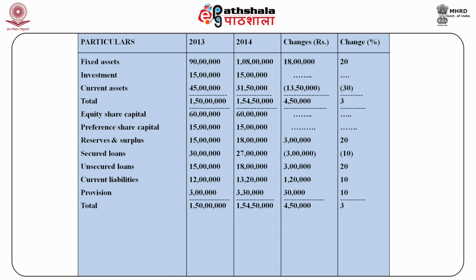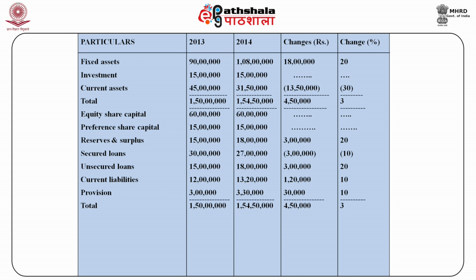Then we have current liabilities. They have increased from 12 lakh to 13 lakh 20,000, showing an increase of 1 lakh 20,000 over the 2 years, namely 2013 and 2014, with a percentage increase of 10%. Then we have provisions.